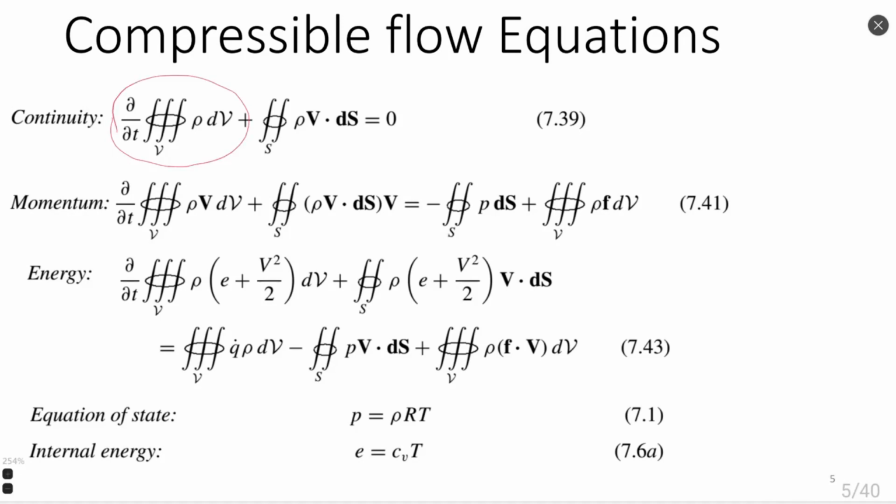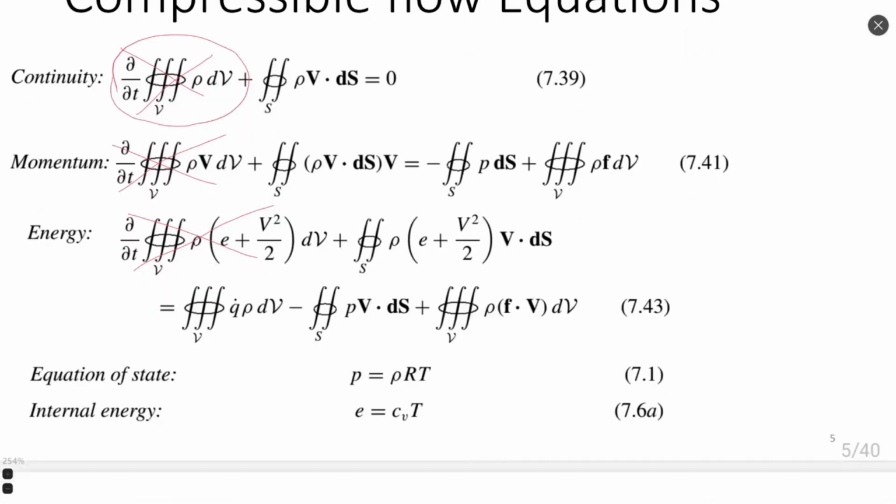Our assumption is that the shock wave is stationary and does not move in space, and because of this, the flow field of density does not change with time, same as momentum field does not change, and energy as well. So we will not have time derivatives on these three equations.